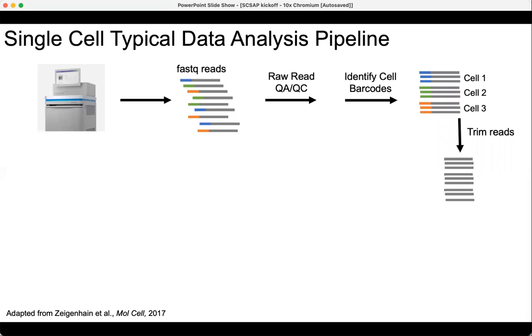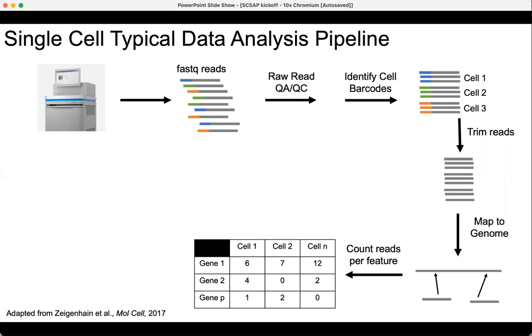We can then trim the reads from those cell barcodes. We can map those reads to the genome, and then we can count the number of reads that align per gene, per cell, and you get one of these feature matrices where you have cells and genes. And this is what the 10x Genomics Cell Ranger platform will give you. You'll have this matrix at your disposal.